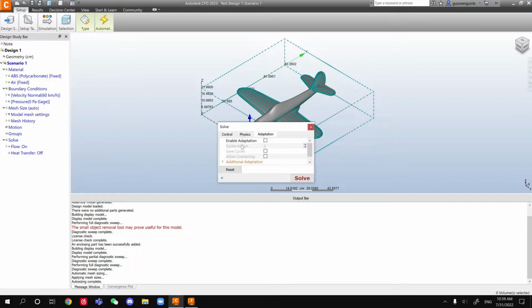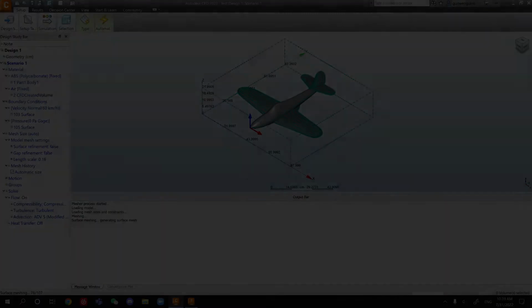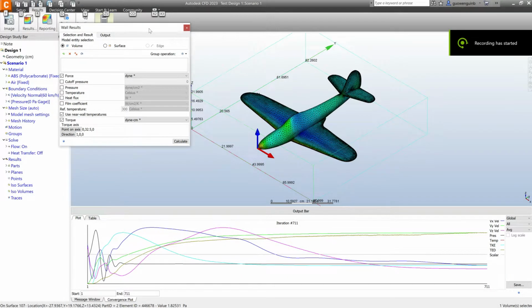Everything looks good, and we can start solving. Okay, it turns out that I have to run 711 iterations for the convergence plot to completely converge.